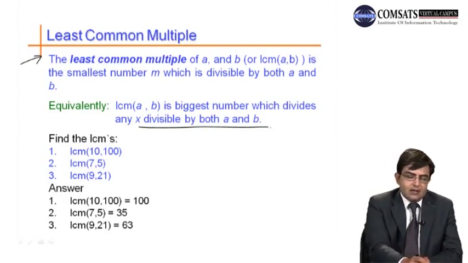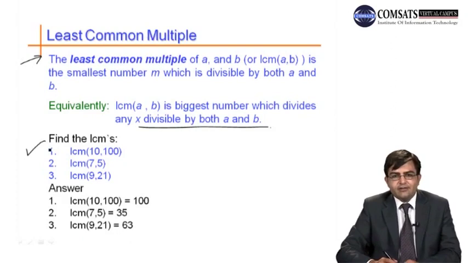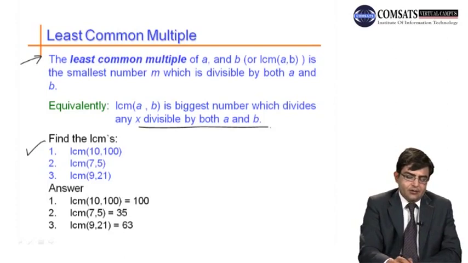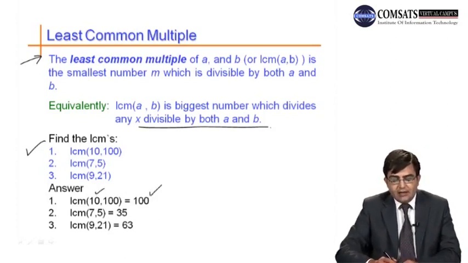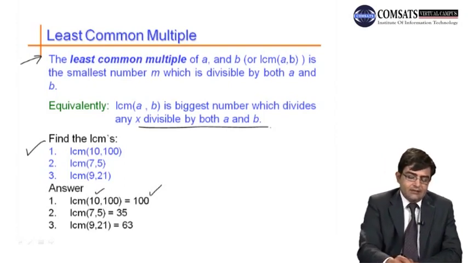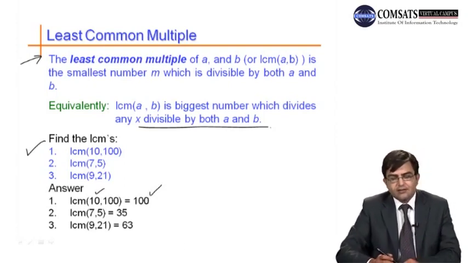For example, we take the LCM of 10 and 100. So what is the least common multiple? The least common multiple of 10 and 100 is obviously 100, because 10 is a factor of 100, therefore the least common multiple of 10 and 100 is basically 100.